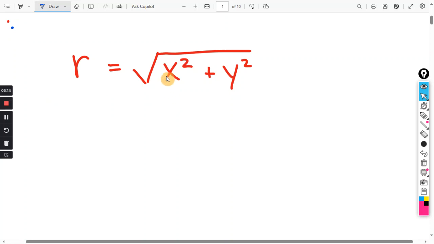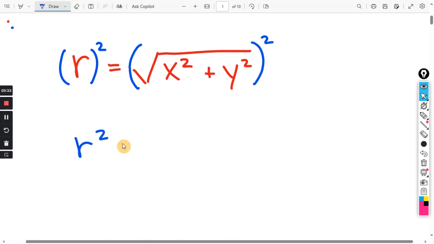Solving for x, the opposite of square root, the way to undo that is to square both sides. So I'm going to square this here, this entire right-hand side, and I am going to square the r as well. All right, r squared is just r squared. And if you take the square root and square it, it just undoes the square root.